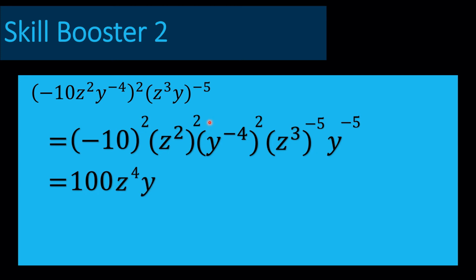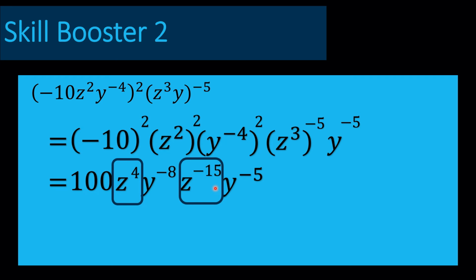The same, a power raised to a power, multiply the exponent. So we have y, negative 4 times 2 is equal to negative 8. And then multiply the powers. So you have z to the power of negative 15, and then just copy y to the power of negative 5.